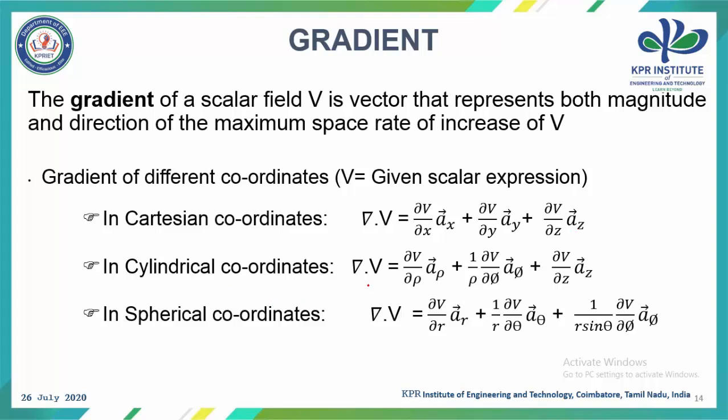In cylindrical coordinates, ∇V equals ∂V/∂ρ into Aρ vector plus 1/ρ ∂V/∂φ into Aφ vector plus ∂V/∂z into Az vector. In spherical coordinates, ∇V equals ∂V/∂r into Ar vector plus 1/r ∂V/∂θ into Aθ vector plus 1/(r sin θ) ∂V/∂φ into Aφ vector.